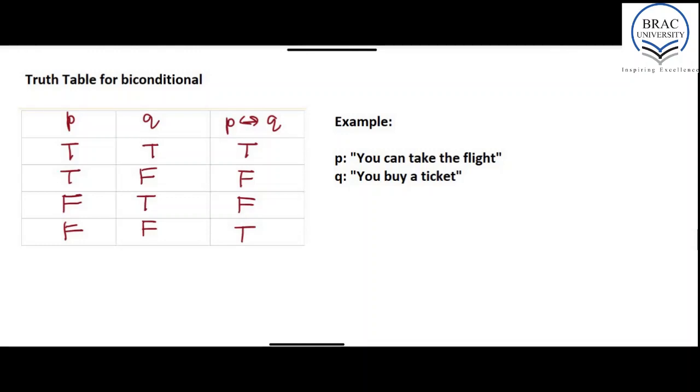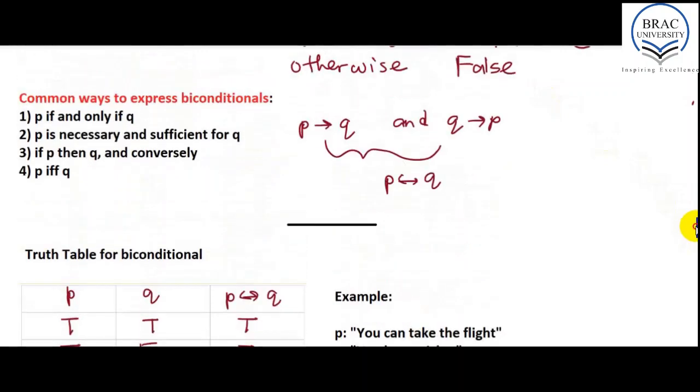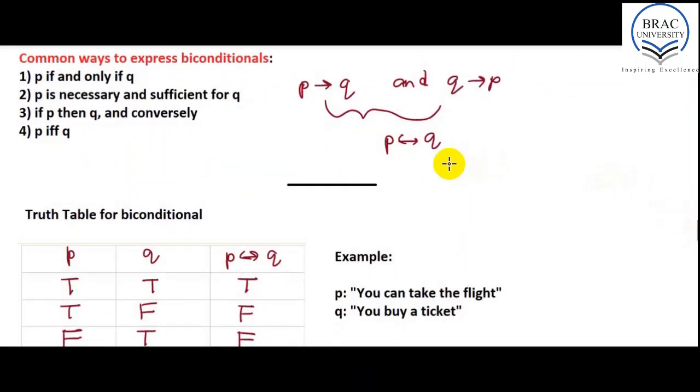I will show you later why both P implies Q and Q implies P have to be true for this biconditional. If we find something like this: P if and only if Q, P is necessary and sufficient for Q, if P then Q and conversely, or P if Q, then these are all biconditional statements.